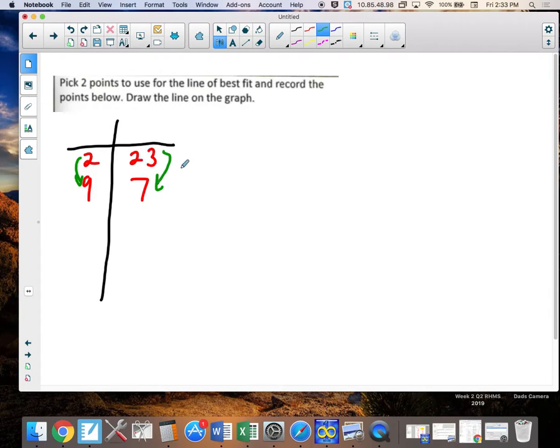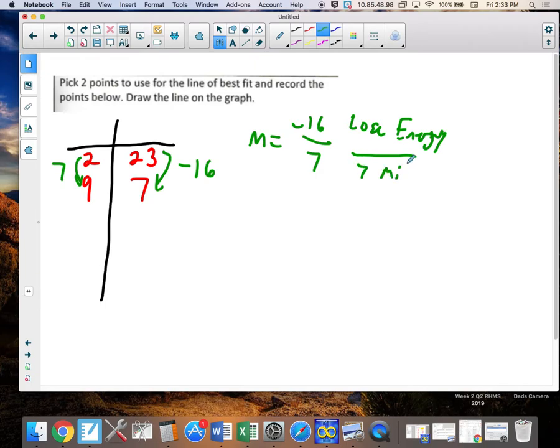From 23 to 7 is negative 16. From 2 to 9 was 7. So our slope is negative 16 over 7. So we lose 16 energy every 7 miles.